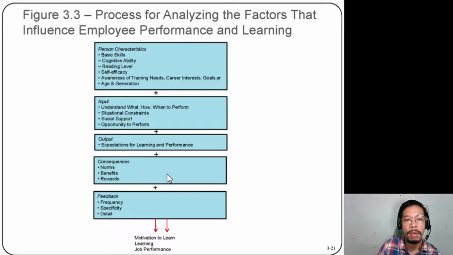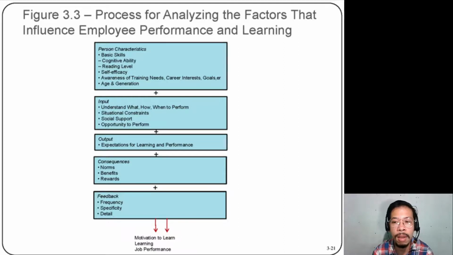So this figure 3.3 here shows the process of analyzing the factors that influence employee performance and learning. So we have here the person characteristics, so the existing basic skills, the cognitive ability, the IQ, reading level, self-efficacy, awareness of training needs, and then we need to also add the input.